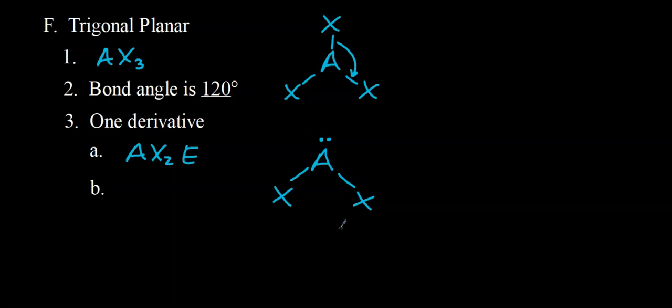The name of this shape is bent. So three electron groups, 1, 2, 3, so trigonal planar electron geometry. But because we have one lone pair of electrons, the molecular geometry is called bent.